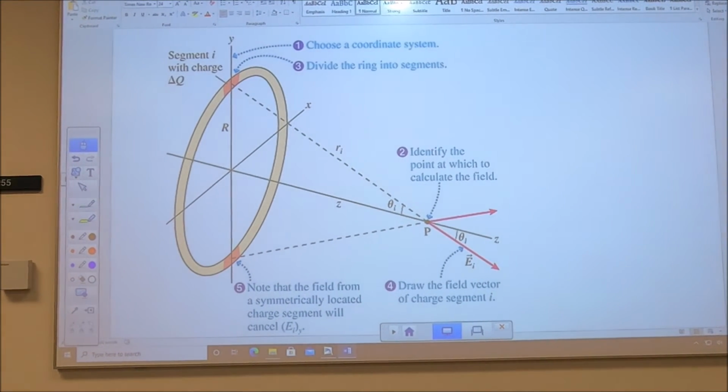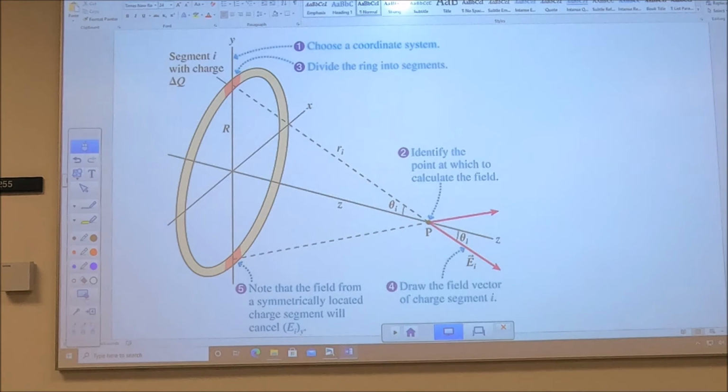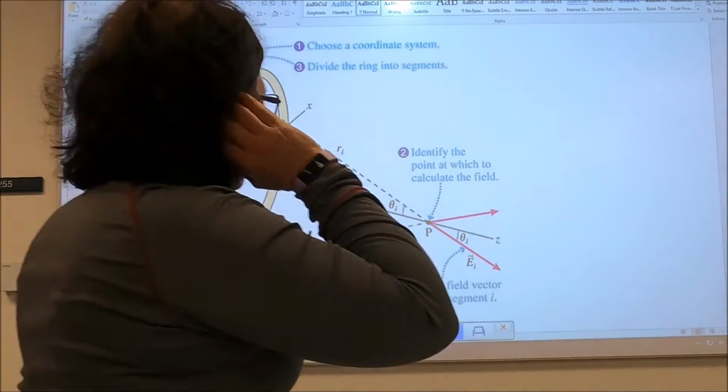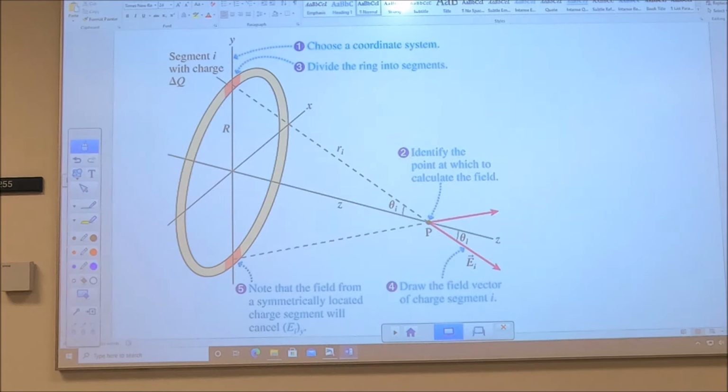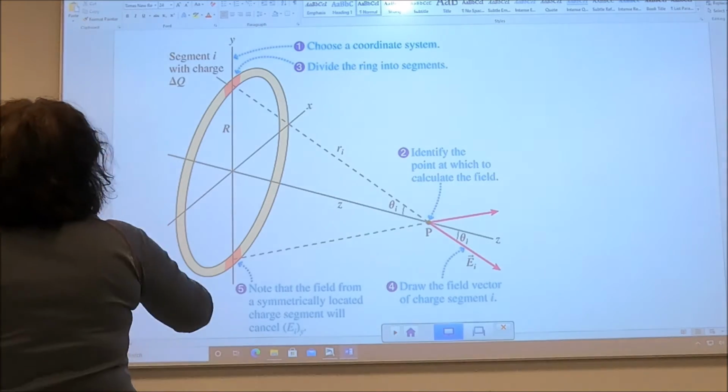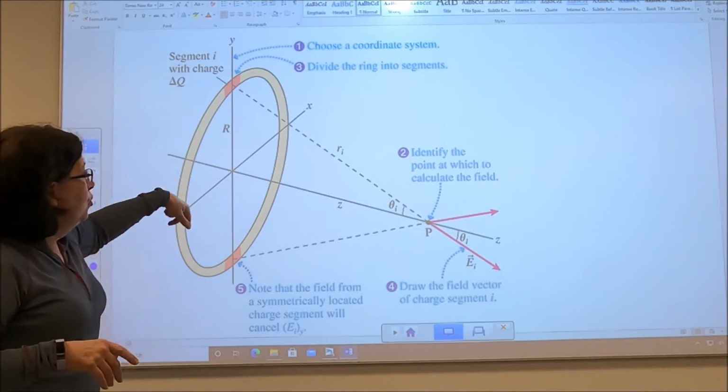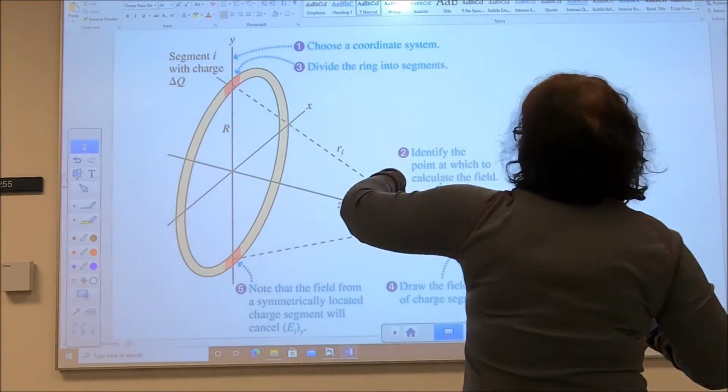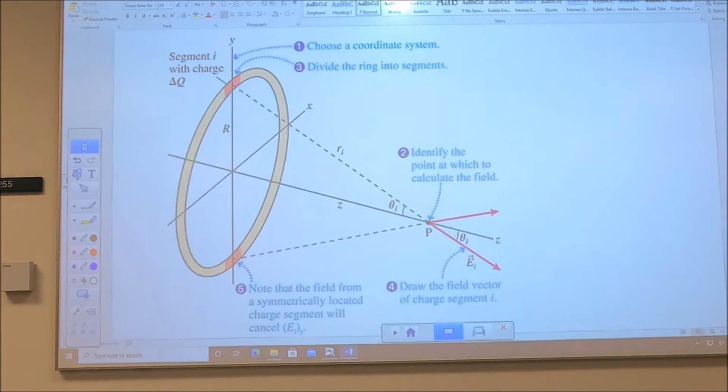Okay guys, we're here in chapter 23, and at the end of the last video we were looking at a plane of charge. To remind you where we're at, we took the plane and broke it up into discs, and those discs we integrated over the rings.